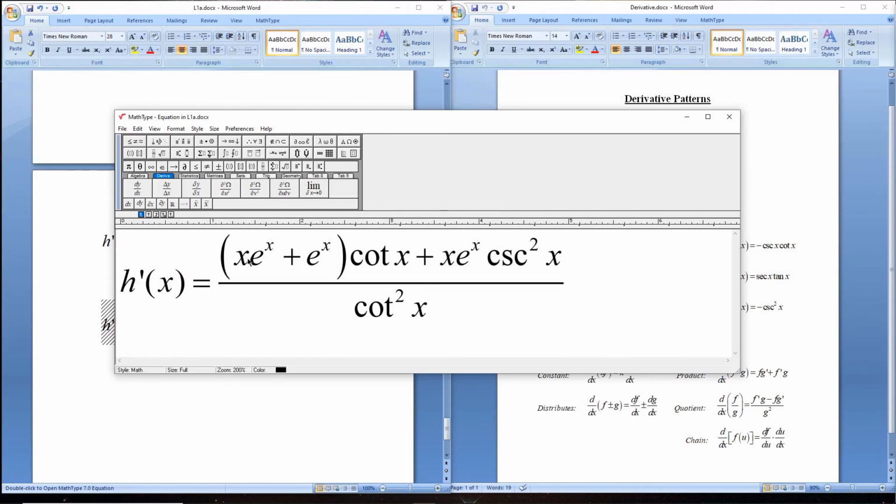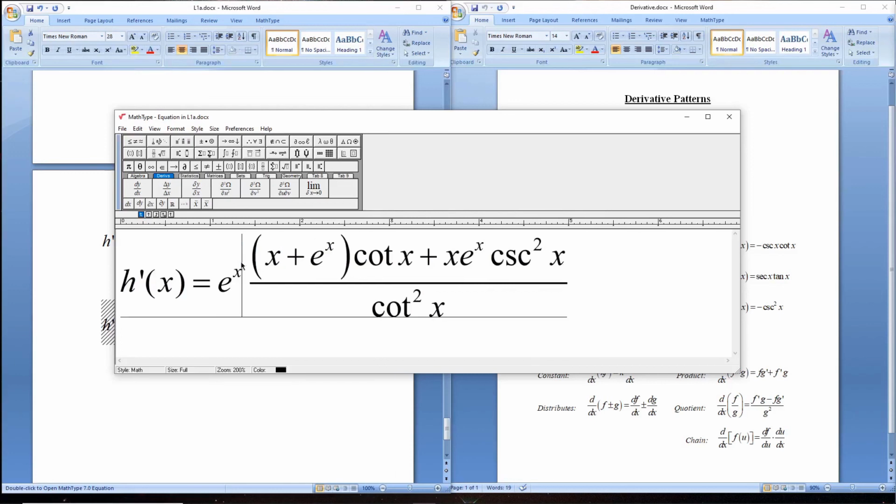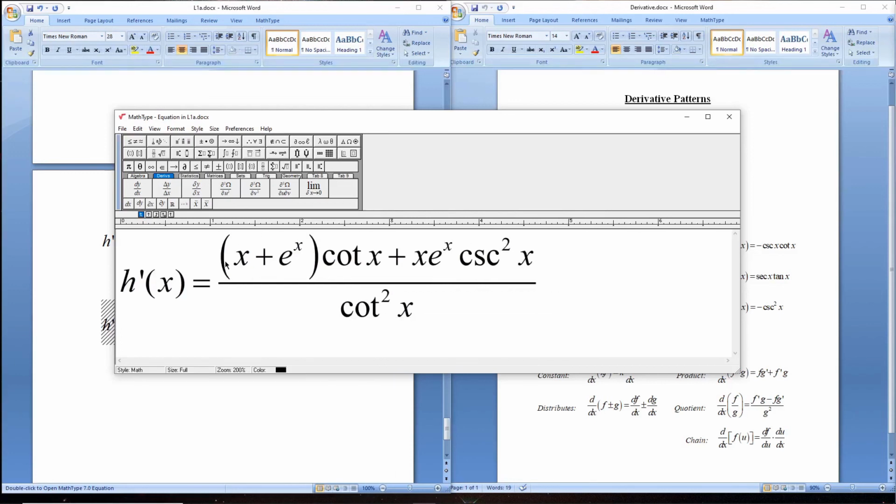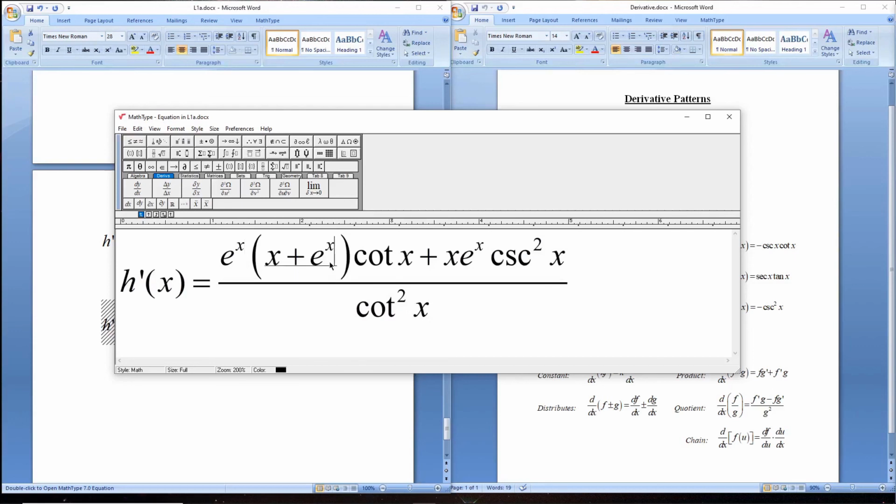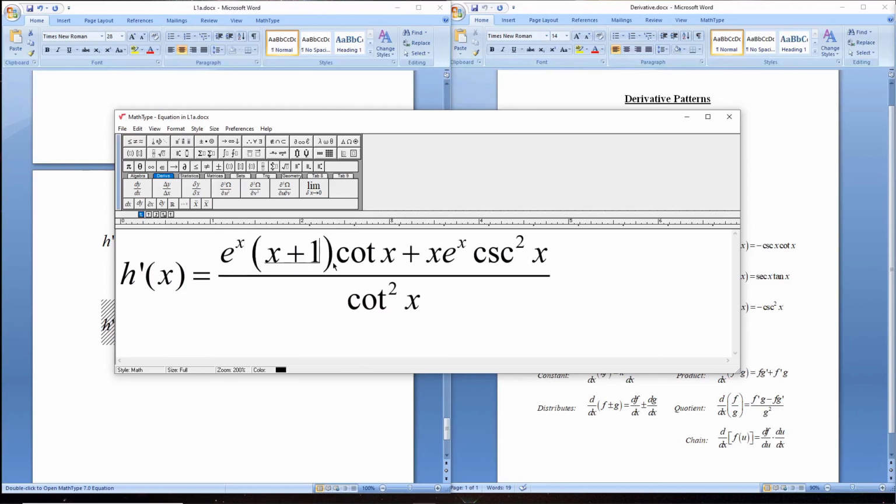And if we look at the first term, this e to the x can be factored out here. And by doing that, hopefully you can see there's an e to the x in the first term.